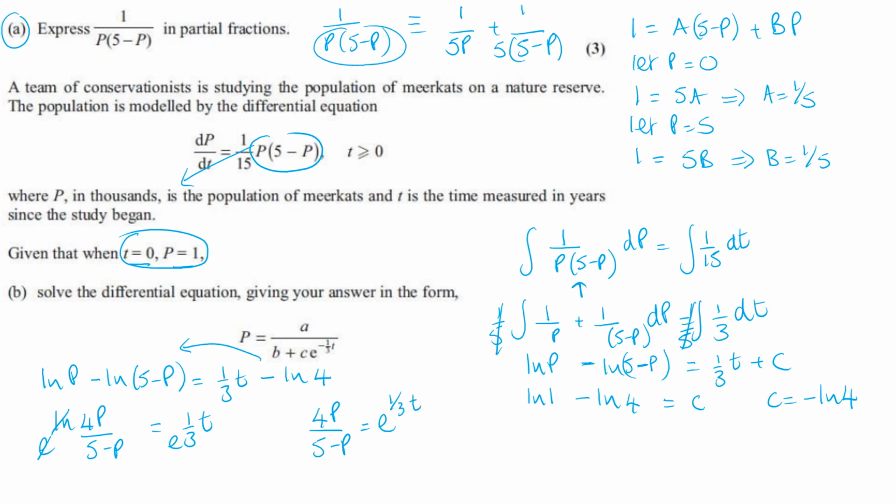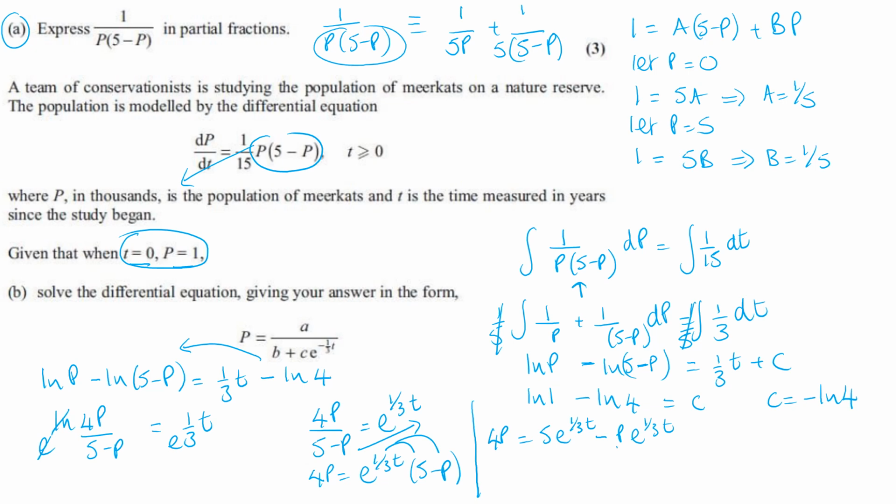And now I need to make p the subject, so I'm going to cross multiply. 4p will equal e to the 1/3 t times 5 minus p. I need to multiply those in. So 4p is equal to 5 e to the 1/3 t minus p e to the 1/3 t.